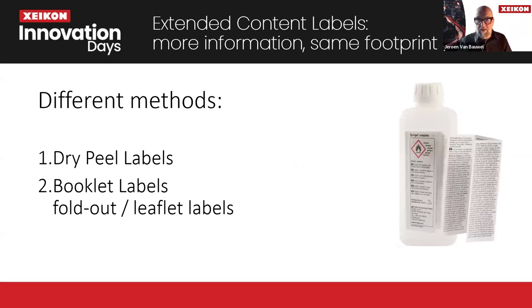Now, another method is the booklet or fold-out labels, and these are multi-page constructions that are permanently attached to a base label. These essentially function like a small book fixed to a product, and depending on the format, they can include a significant number of pages, in some cases 20, even 30 pages, or even more.